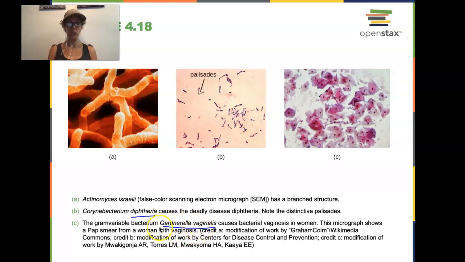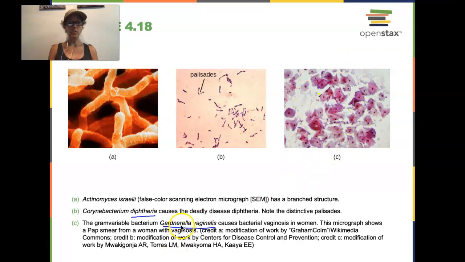So a vaginal condition. Pap smears are called that because they are done to look for cervical cancer. And cervical cancer is often caused by human papillomaviruses. But they can also discover things like a bacterial infection in that person.